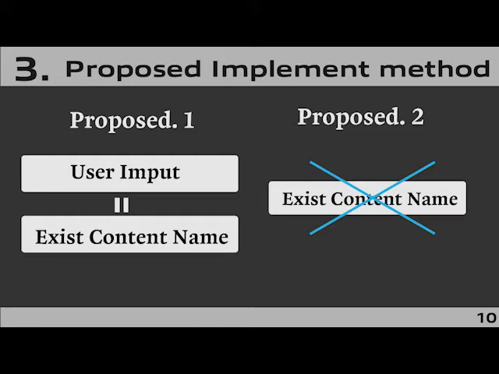First, the set of words in the existing content name and the search term set is an exact match. This is proposed 1. Next, the processing node doesn't know the existing content name. This is proposed 2.